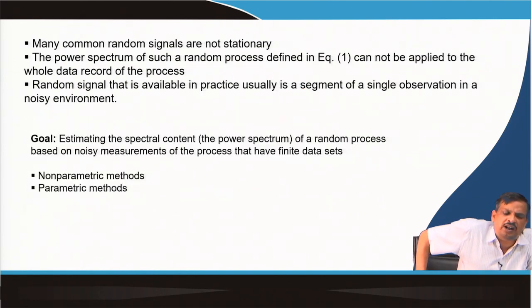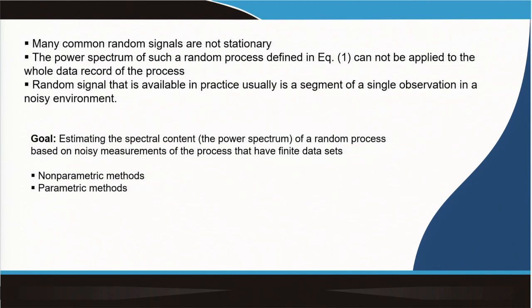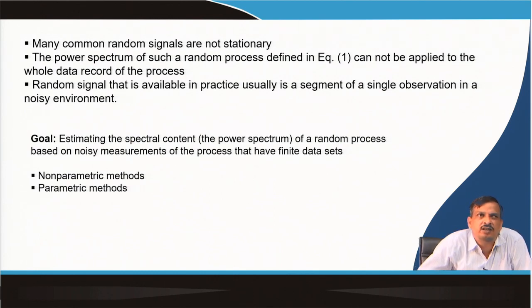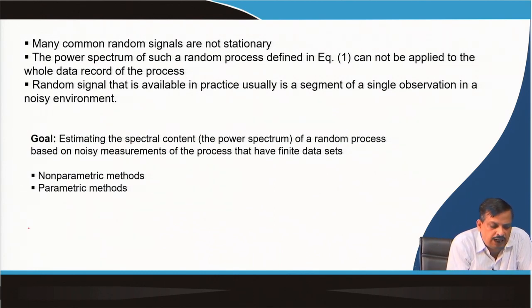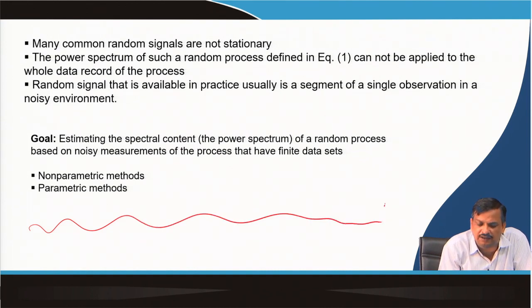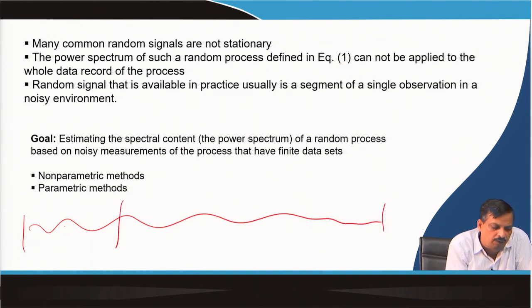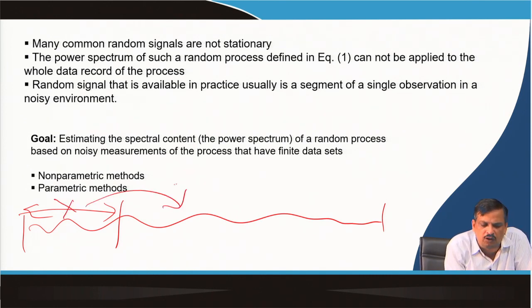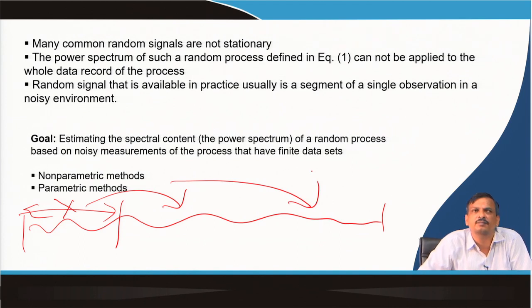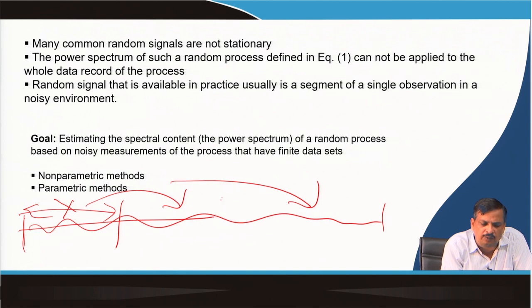Many common random signals are not stationary, and that is the main problem. Suppose I have a random signal of very long length and I take only this observation; if the signal is non-stationary, this observation is not true for the whole signal. Next problem: if the length of the observation is very high, what is the assumption of the Fourier transform?